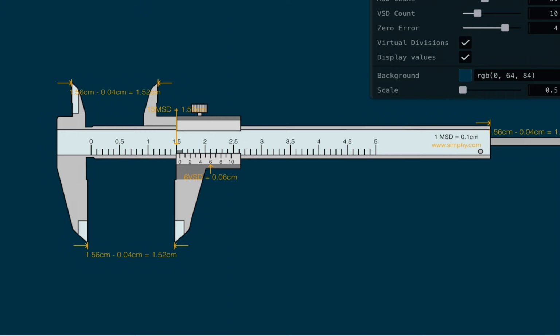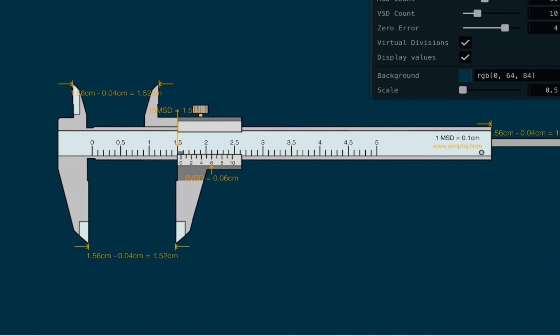So the main scale reading is 1.5 centimeter, and the sixth division is coinciding. So 1.5 plus 0.06 gives 1.56, and we have to remove the error. Since it is a positive error, we subtract. The corrected value will be 1.56 minus 0.04 centimeter.